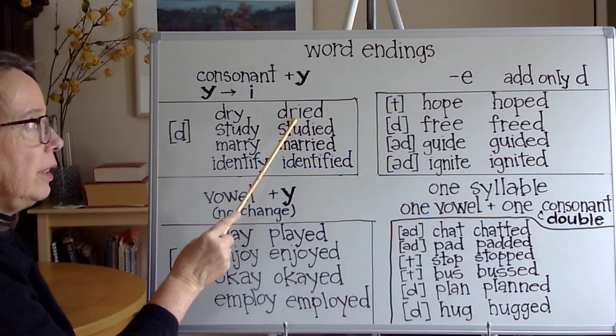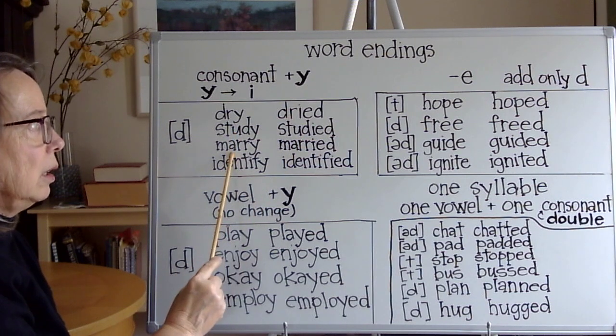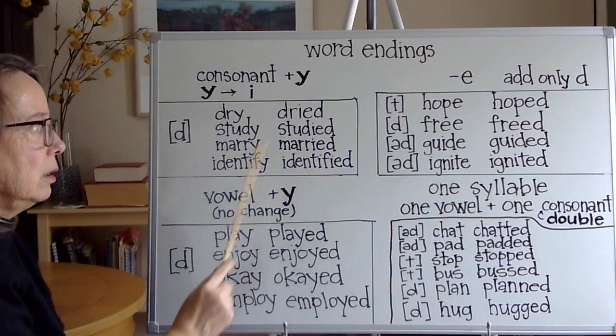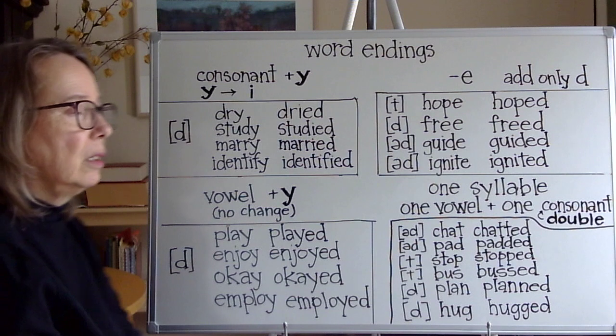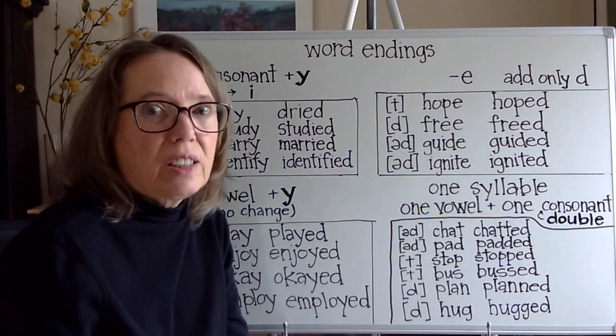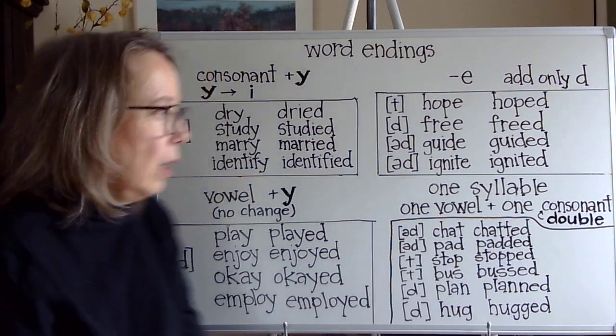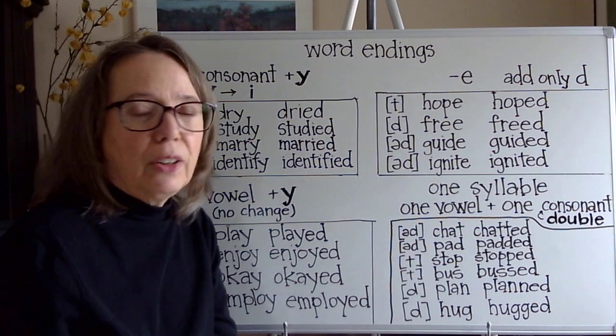Dry, dried, study, studied, marry, married, identify, identified. They have a D sound because they end with a voiced sound. If we have a vowel and a Y, there is no change.